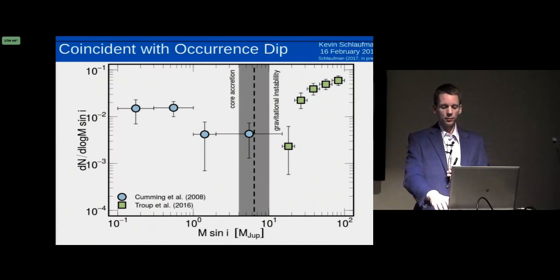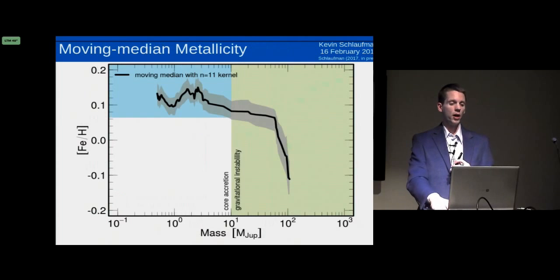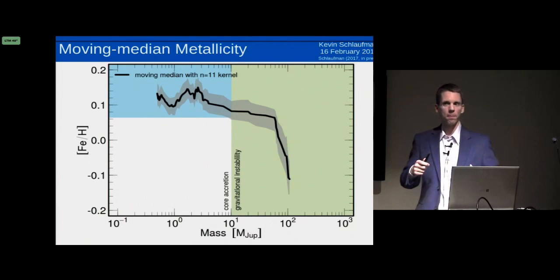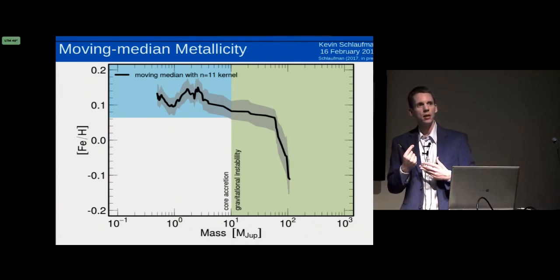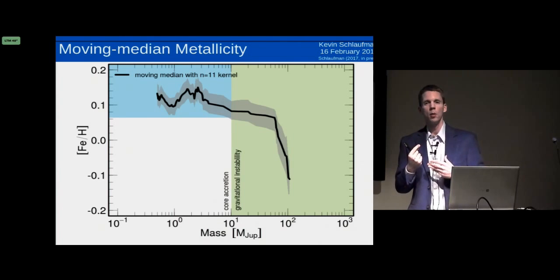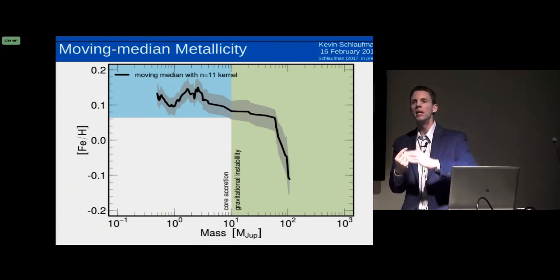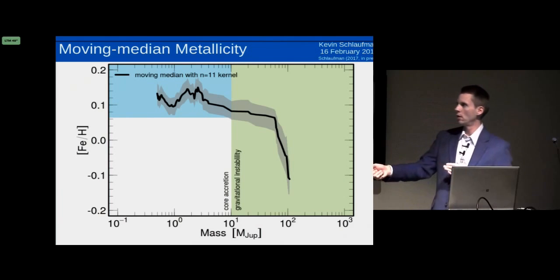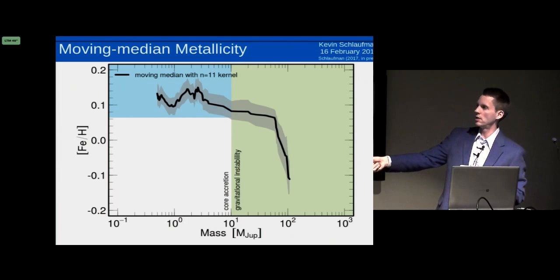But still, you can do a similar analysis which does not at all rely on the occurrence rate. And so you can just say, at what mass does the moving median of the metallicity move below the minimum metallicity observed in the giant planet region? So this is the same plot as before, using the same data set as I showed on the first slide, with mass on a log scale on the y-axis, this moving median iron metallicity on the y-axis.